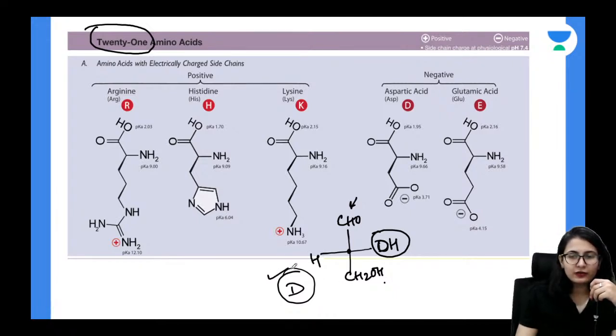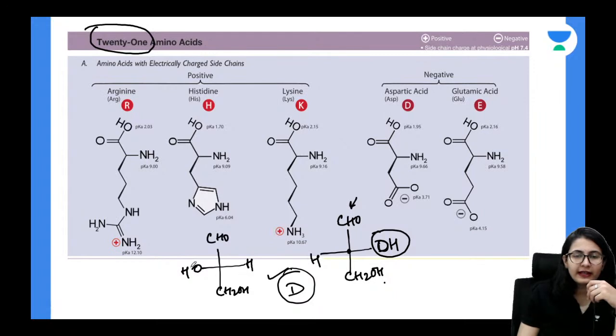If I am placing the CHO and CH2OH once again, but OH on the left hand side and hydrogen on the right, this was known as the L sugar.